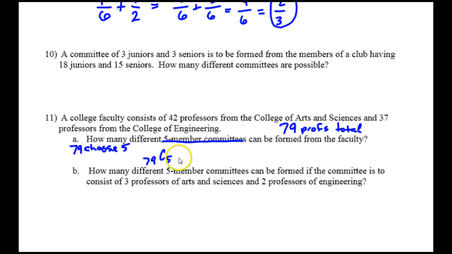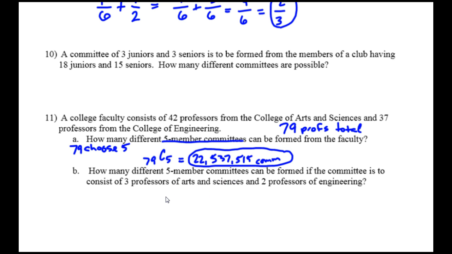Grab your calculator, put in that 79 C 5 and see what you get. The number I got was 22,537,515 different committees.